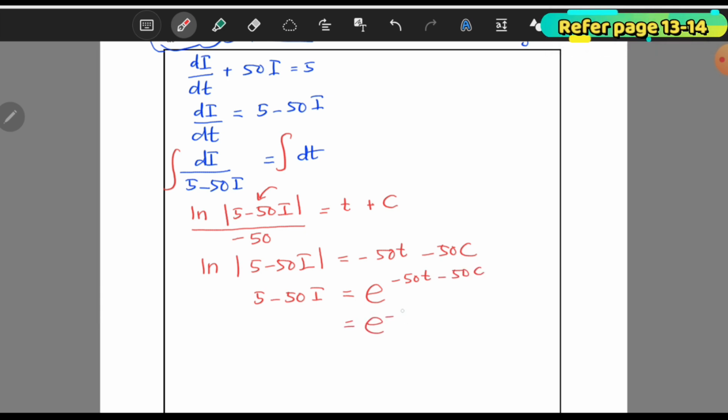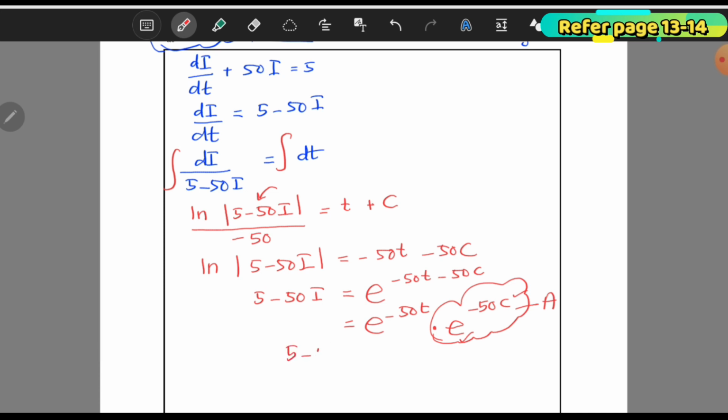Or we can write exponent negative 50t times exponent negative 50c. Exponent is a number and c is also a constant, so we can let this part be a.